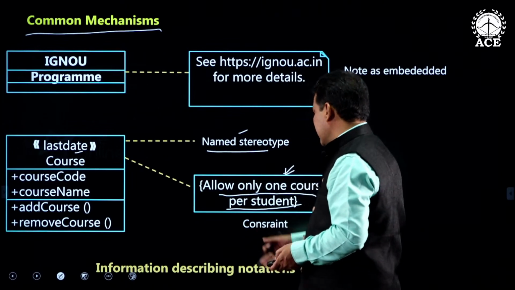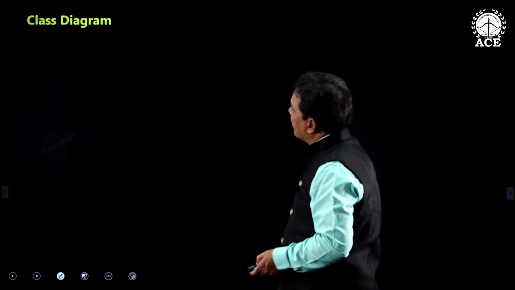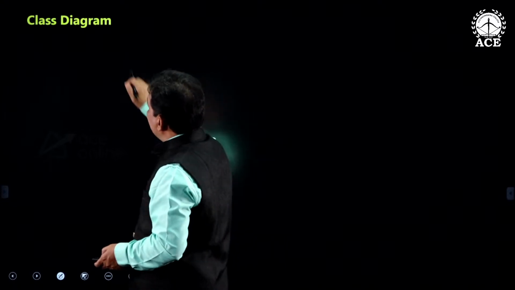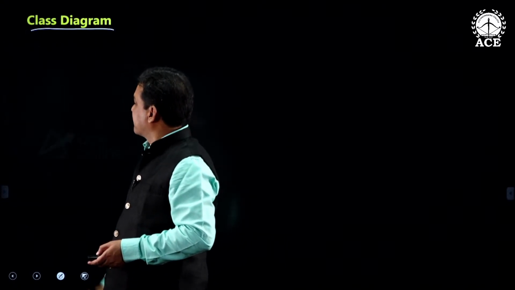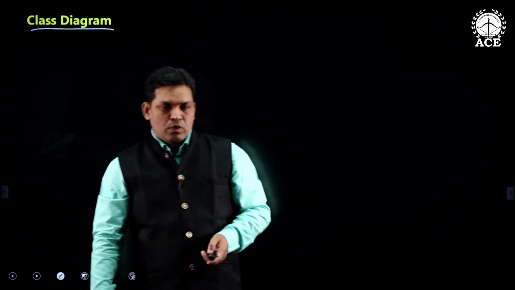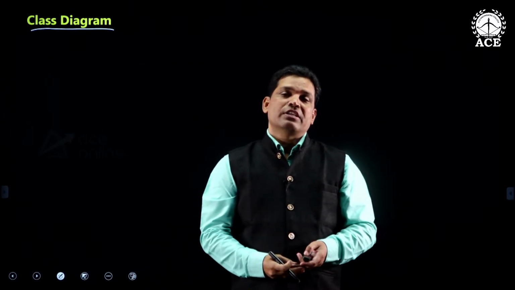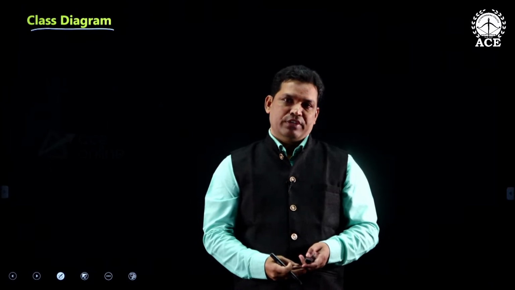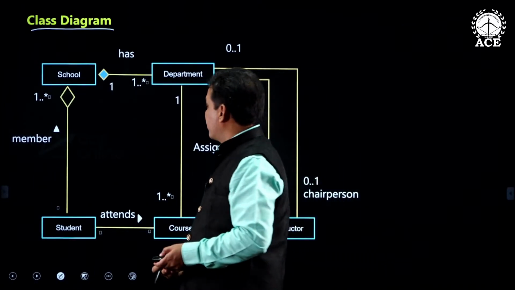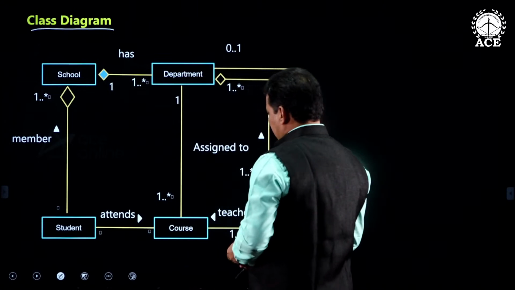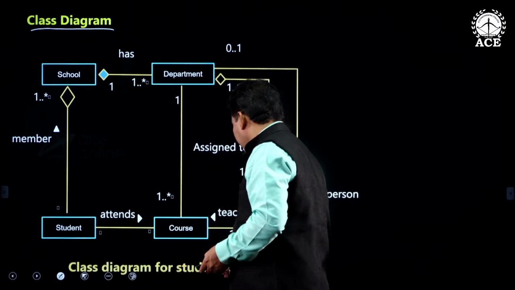So that covers information, describing, and notations. Next, we are going to discuss the class diagram. What is the importance of a class diagram? Class diagrams are used for modeling the static view of a software system. Let's take a class diagram for student registration.